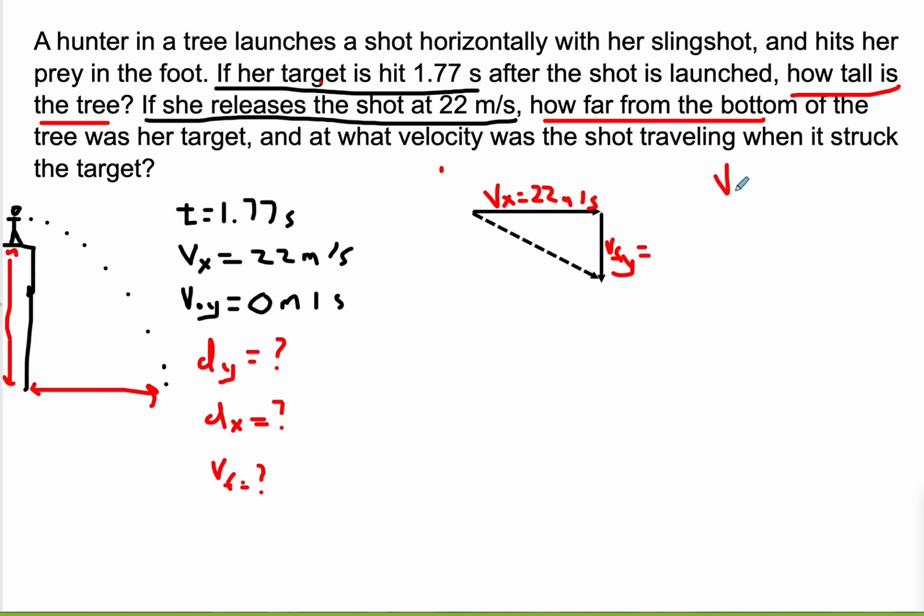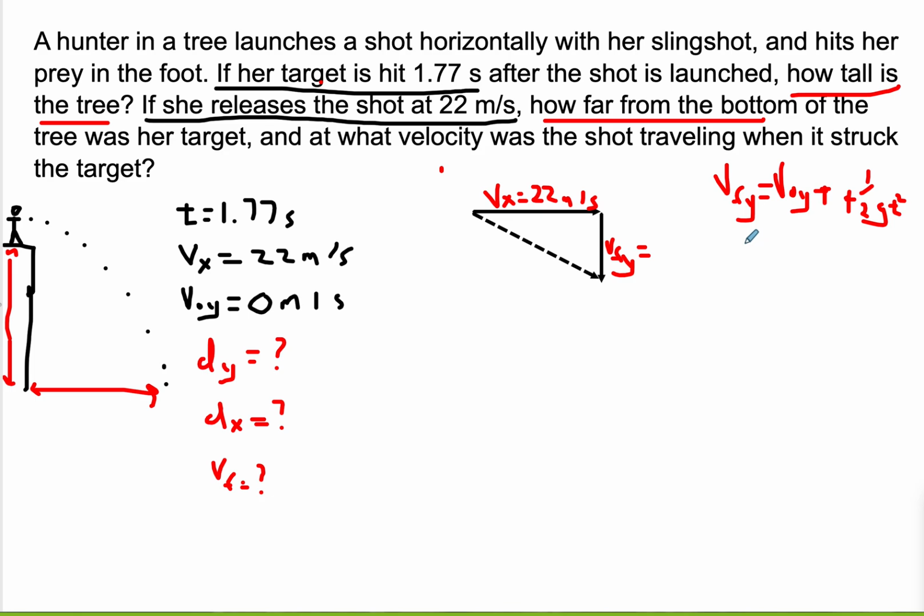But we have that equation for VFY. VFY equals original velocity in the y times time plus 1/2 GT squared. I'm running out of room here.